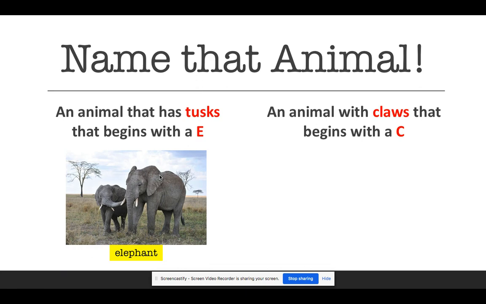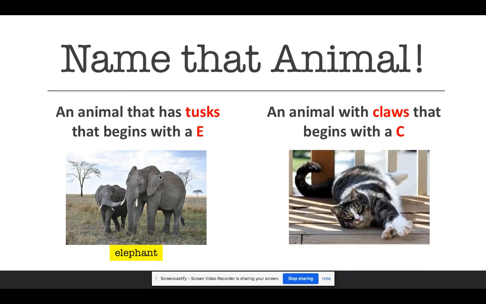An animal with claws that begins with a C. I'm thinking, boys and girls, and I'm having a hard time. Claws that begins with a C. Let me see the picture. Oh, a cat.